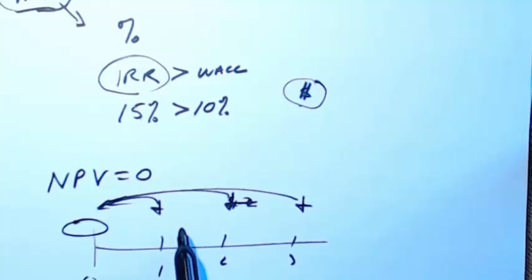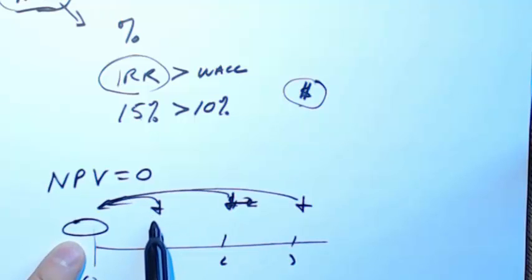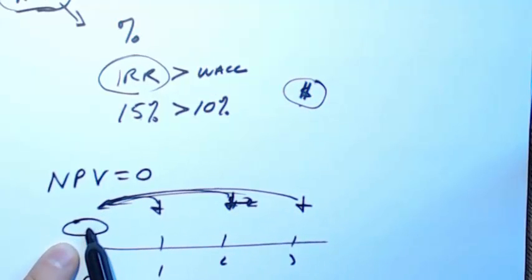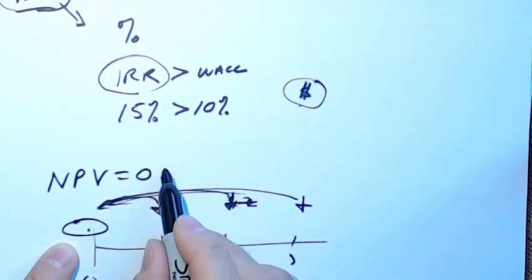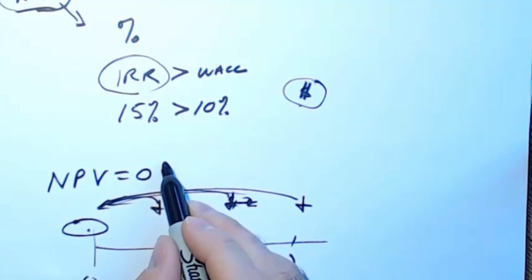And what we're going to do when we do this netting is look for the discount rate that sets the present value of these cash flows equal to the costs. So in other words, we are enforcing this project to have a zero net present value.